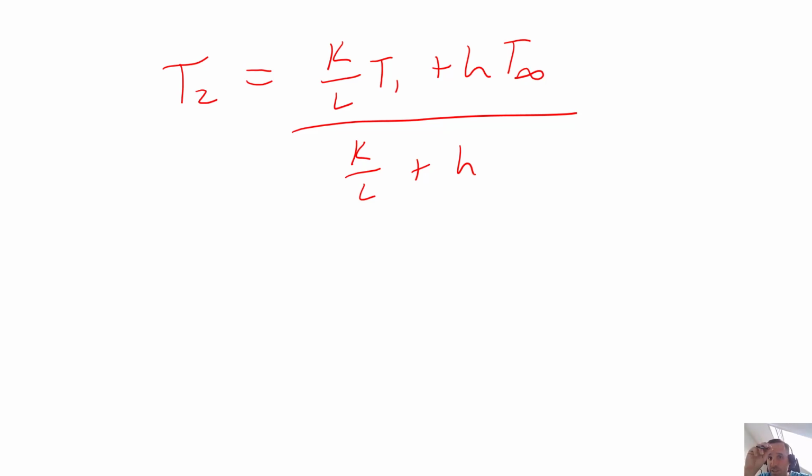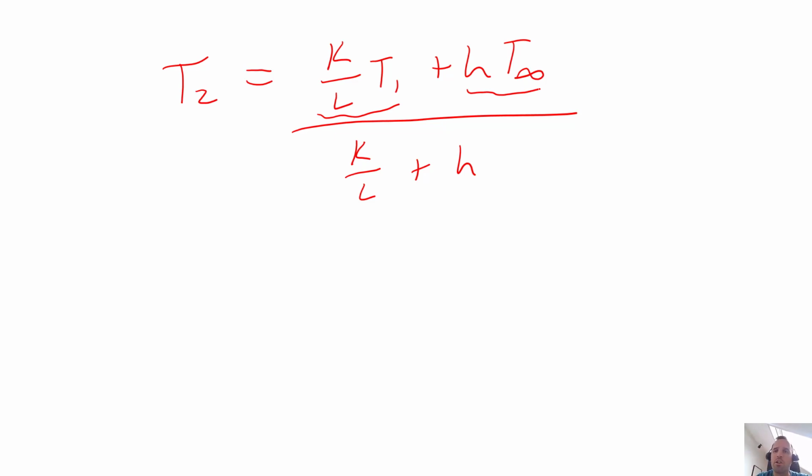As I've mentioned several times, it's really important to do a unit check. So far we've gotten to this point without even thinking about units, and that's actually the way I would encourage you to do it. Get really good at quantifying the different rates of heat transfer and understanding the concepts, and then use unit analysis only to check your work. We're adding this term and this term together, so we want to make sure they have the same units.